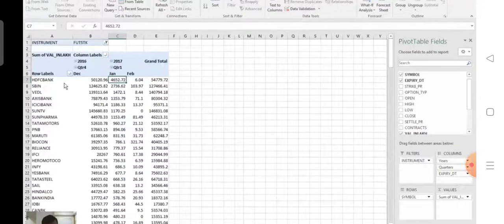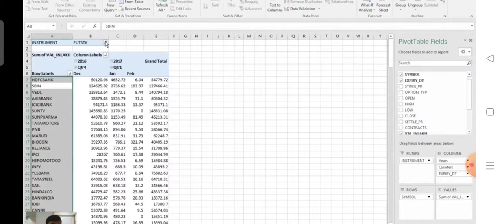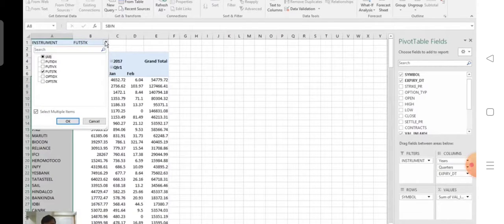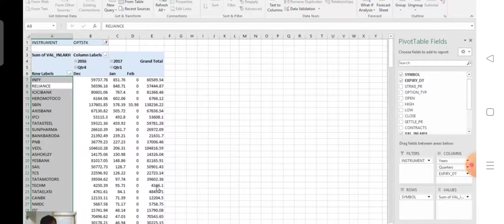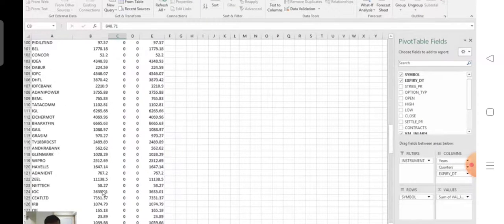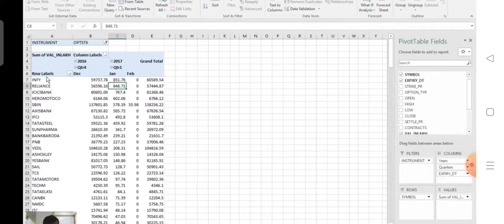Okay, now suppose you want to see which options has the largest volume. So I just remove this and I'll add option stock. You know that, and this obviously is getting sorted on its own. You know that INFY January contract options has the maximum volume. In fact, State Bank of India also has a lot of volume.